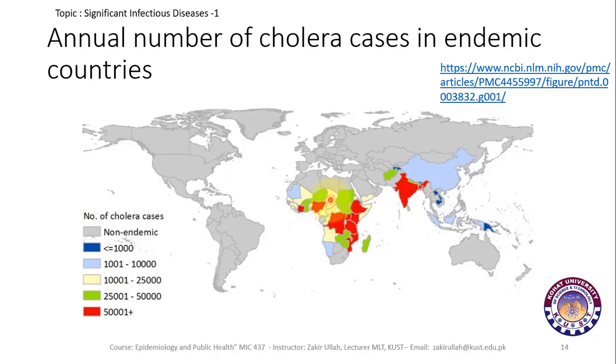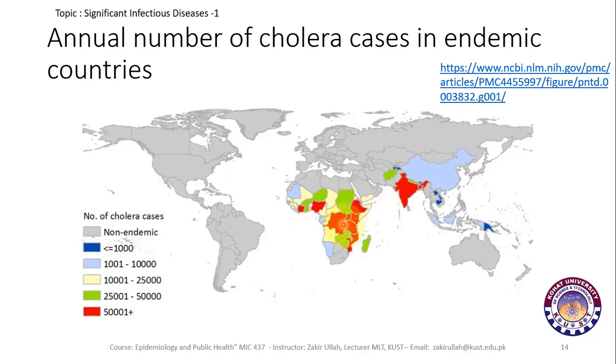So the number of cases is very high in this African region, and in these greenish areas, certain regions of Africa, the Eastern Mediterranean and the Asian region, the number of cases is above 25,000 and up to 50,000 cases per year.